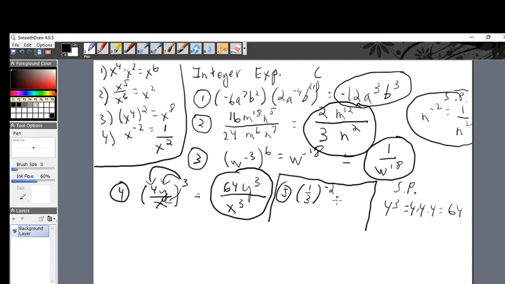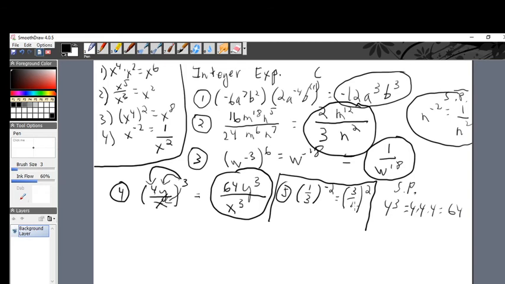Here are the symptoms: numerator, denominator, parentheses, and a negative exponent. Here's what you do. Flip what's inside the parentheses. Now it becomes 3 over 1. And now raise it not to the -2, but to the 2 power.